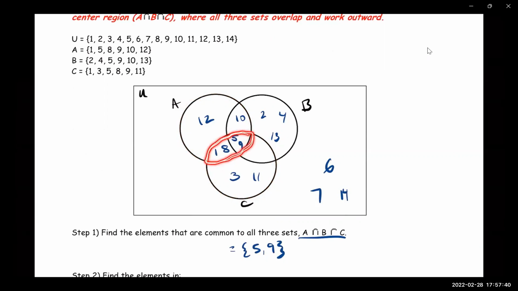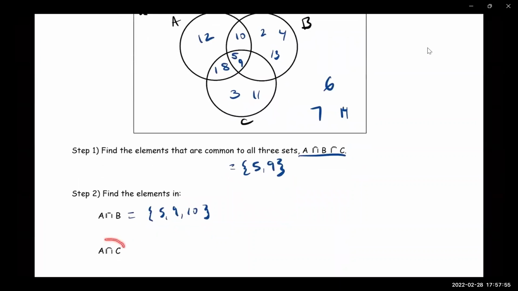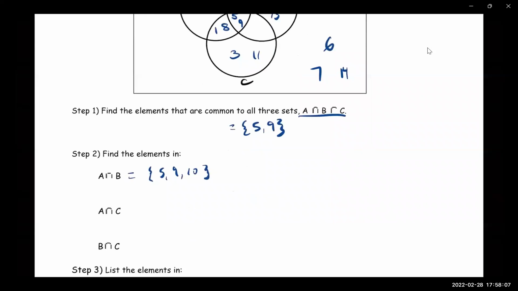Everything in here is common between A and C. It is common for B too, but as long as it's common for A and C, it should get included, even if it's included with B too. So that would be 1, 5, 8, 9.